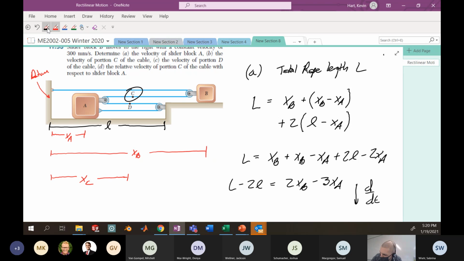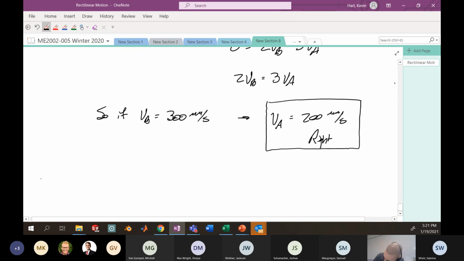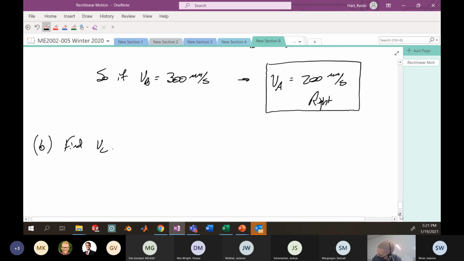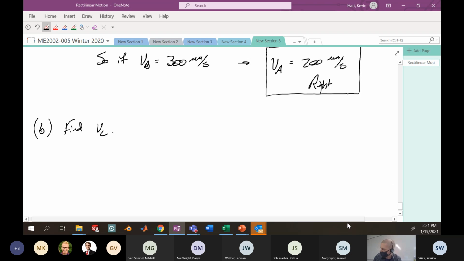So what I'm going to do now is use the same approach and say that there's some fixed distance of rope that exists from, let's say, the wall over here up to point C. And I can write that fixed distance in terms of the position of B and the position of C, and then differentiate that and determine the velocity, okay? So very similar strategy here for part B. Okay.